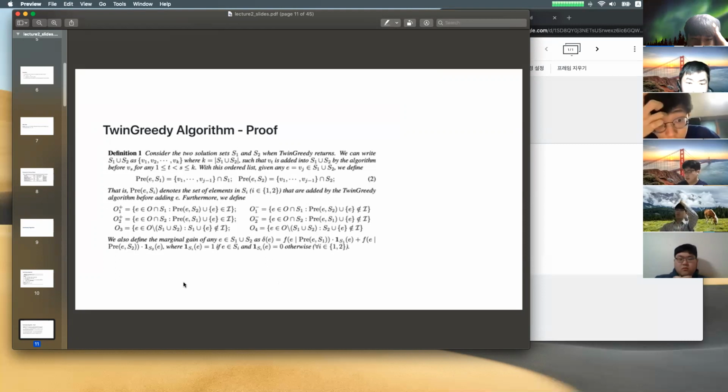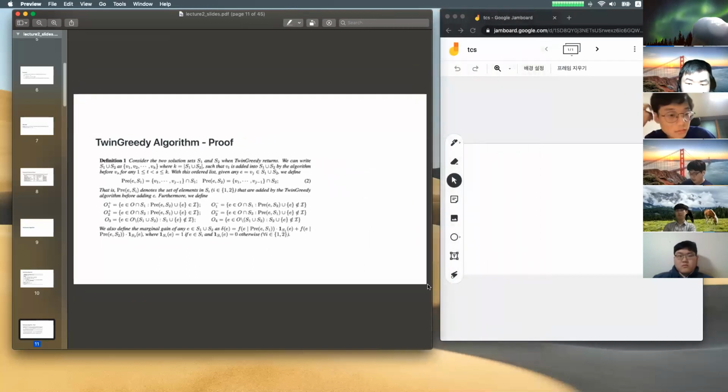Similarly, we define O2 plus and O2 minus, and O3 is the set of elements of the optimal solution outside of S1 and S2 that cannot be added to S1. O4 is similar to O3, the set of elements outside of S1 and S2 that cannot be added to S2. Maybe it will be better to summarize them on the board.